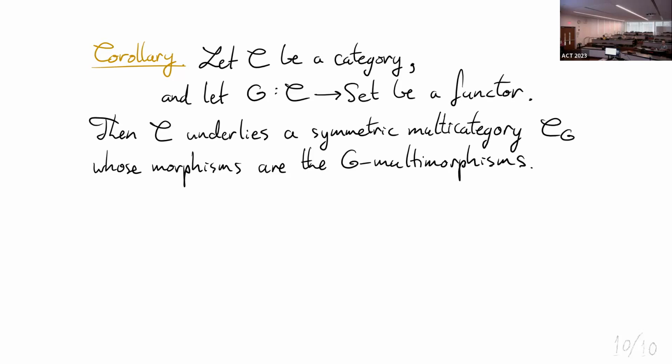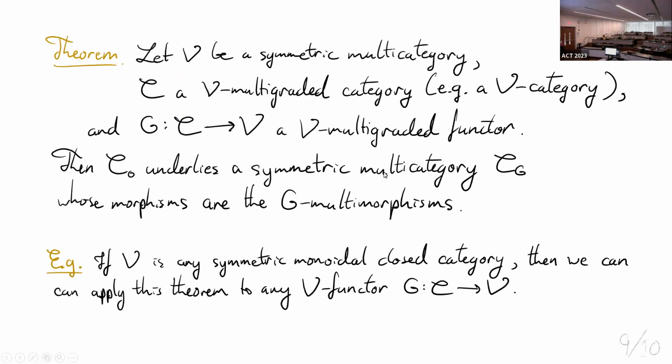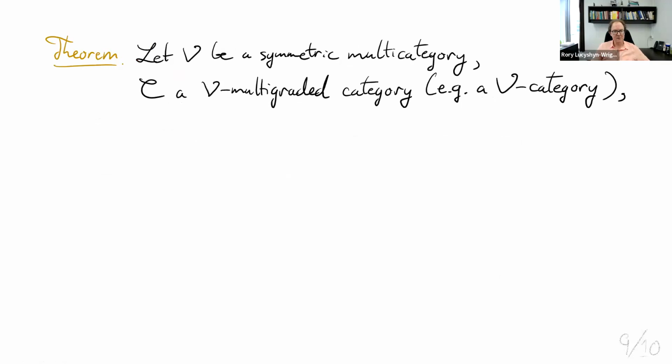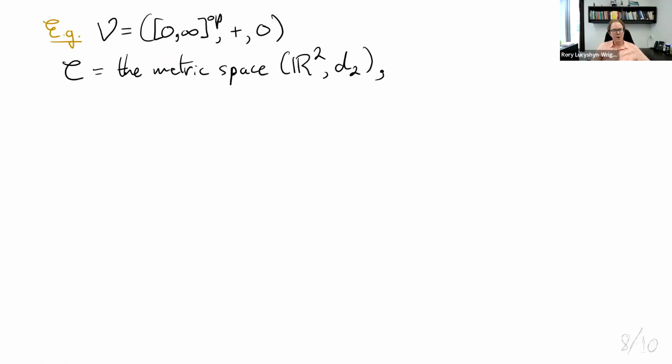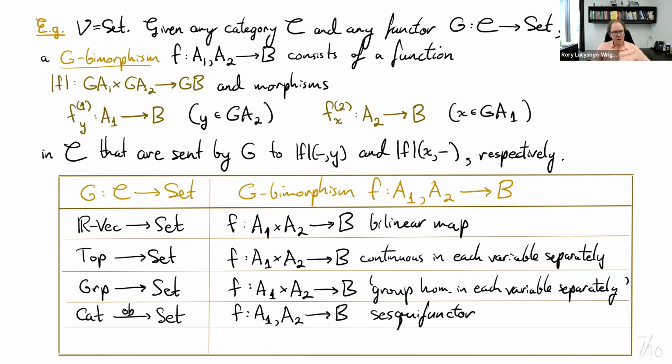The symmetry is not easy to drop here. Yes, exactly, that's a good point. Here I really use the symmetry. If we go back to certain earlier elements of the talk, I'll try to keep this very brief.